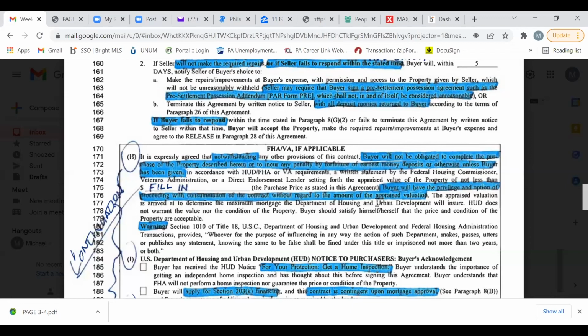Okay. Just remember that even though we have that box filled in on line 175, the lender is typically going to send a FHA VA mandatory clause form that's going to need to be signed by the seller after application's taken. Yep.